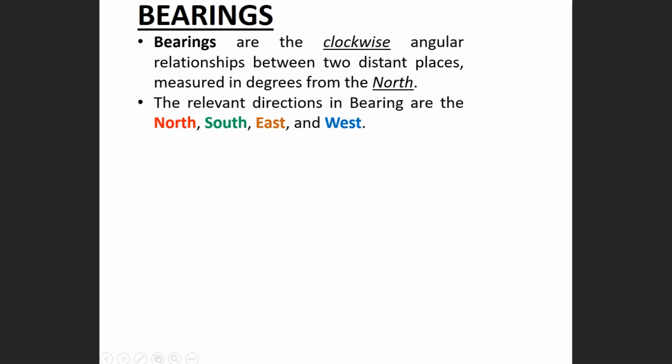This north that we have here is super important. That's why I had to underline it. And clockwise is also very important, because you don't read bearing as if you're going backwards.